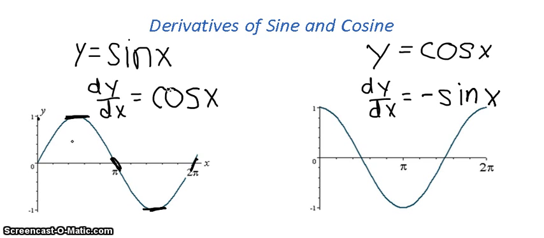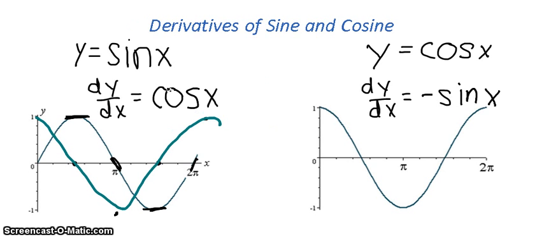And if we would just start plotting these, negative 1, 0, 1, and then we were to connect them, we would notice that the derivative, or the slope of the tangent, is actually cosine. This blue graph right here is the cosine graph.